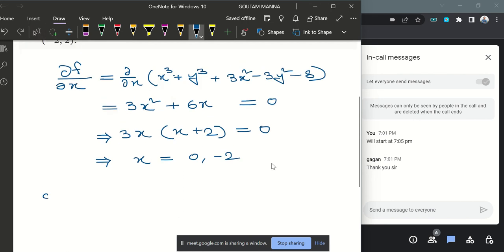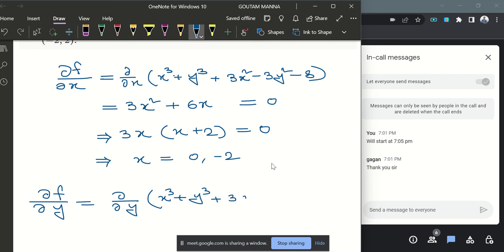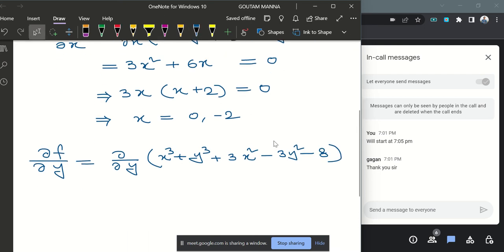And also if you take the partial derivative with respect to y, it will be del y of x cube plus y cube plus 3x square minus 3y square minus 8. The first term will be 0, the second term will be 3y square, the third term will be 0, the derivative of the fourth term will be minus 6y, and the derivative of the last term will be 0.